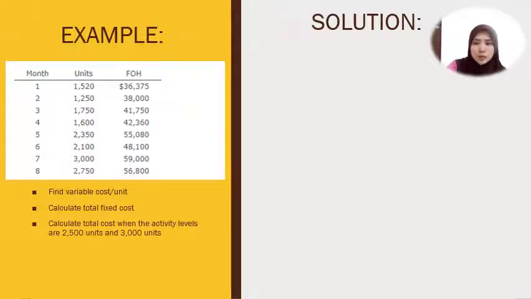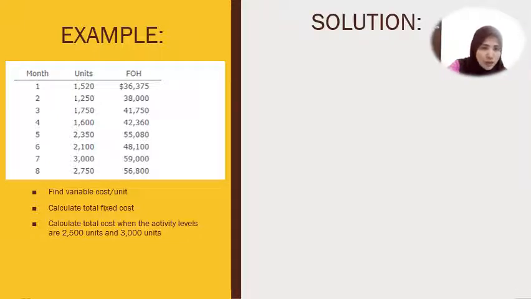Okay, so we try to use the formula for the high-low method in this example. This question gives you the details of the months, the unit production for each month, and also the total cost for each unit production. First step, you have to find the lowest unit and the highest unit and their cost level.